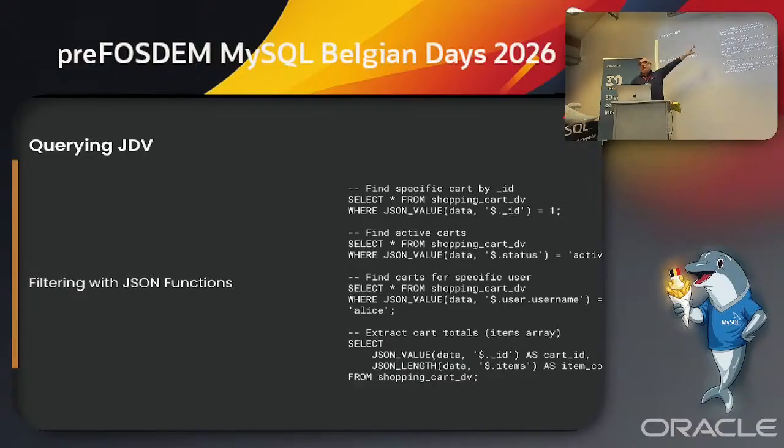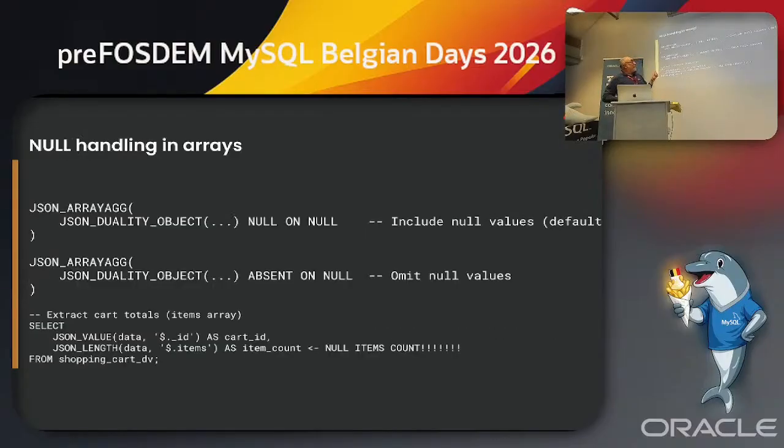Or for any other attribute in the JSON document. Or even for other elements, or even count the number of elements. In this case, for each cart, I want to count the number of items in the shopping cart. Okay.